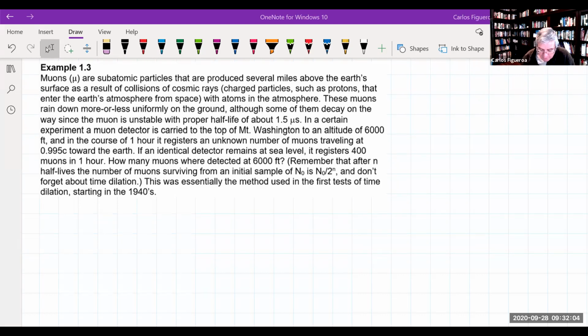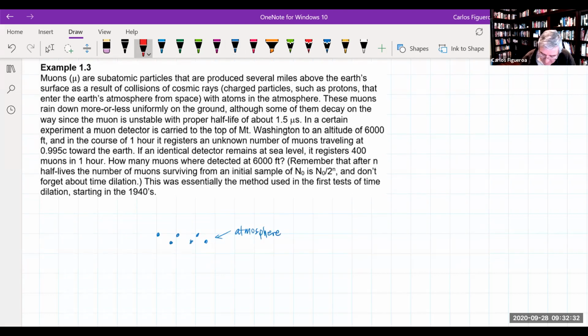It says you have muons. They're a subatomic particle, and they're produced several miles above the Earth's surface as a result of collision of cosmic rays. So typically what I'm thinking about here is that I have some atmosphere. Okay, so this is atmospheric particles.